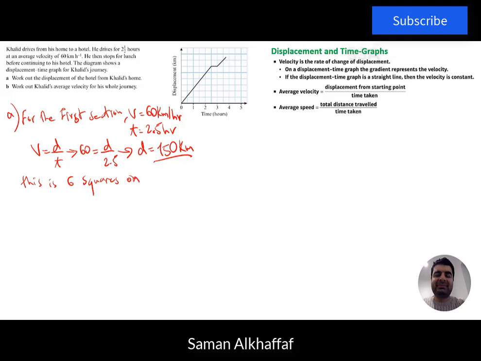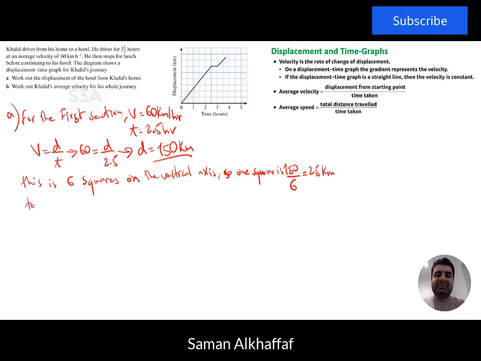So 1 square is 150 over 6, which gives us 25 kilometers.